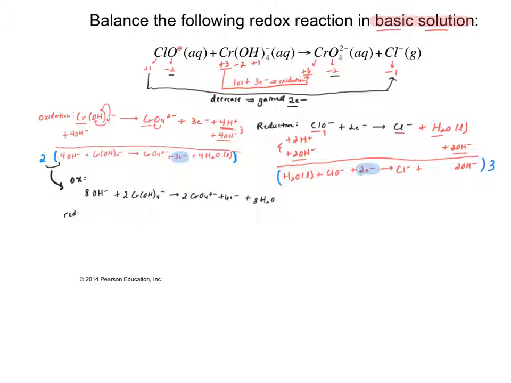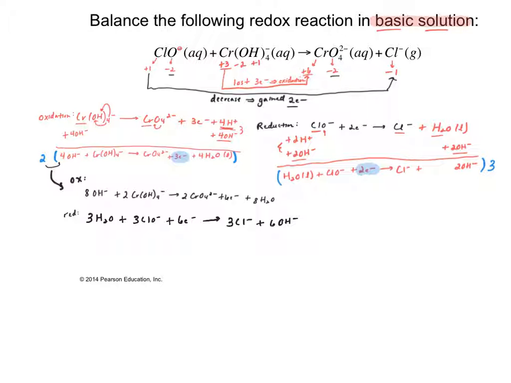So we'll have 3 H2Os plus 3 ClO minuses plus 6 electrons goes to make 3 Cl minuses plus 6 OH minus.